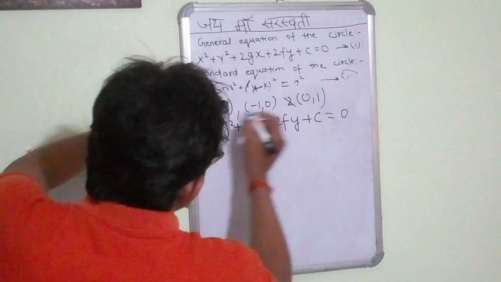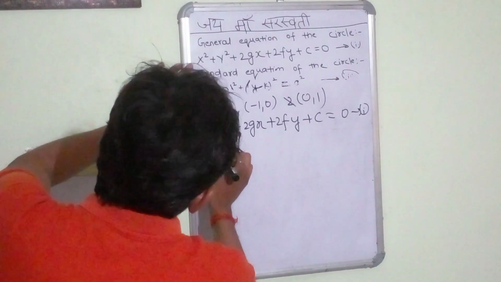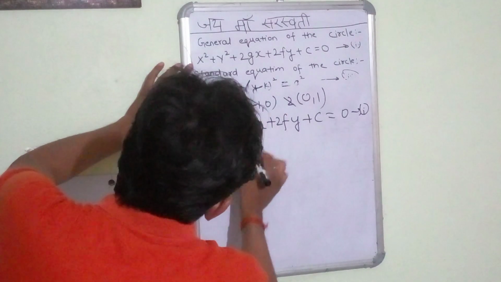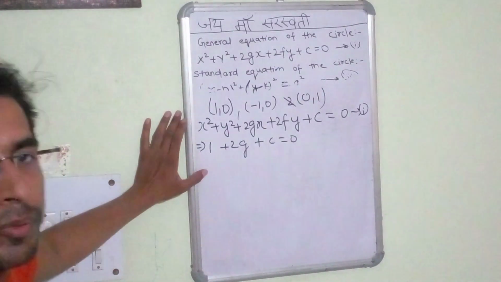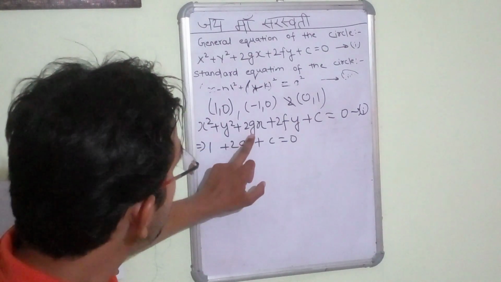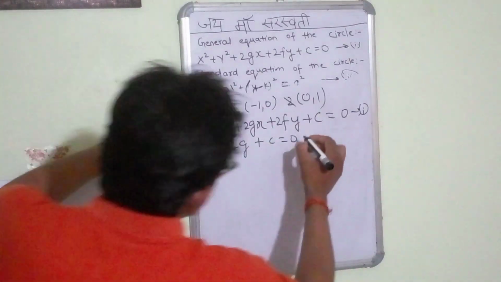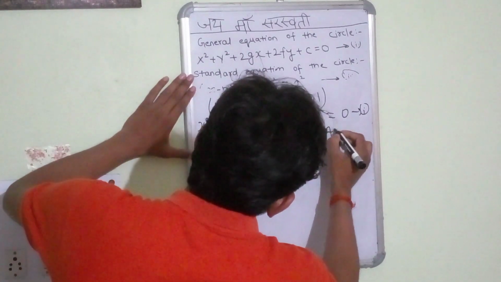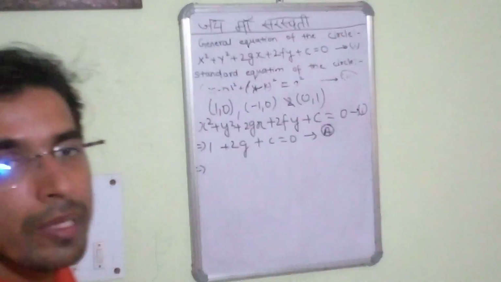So first and foremost, we will be taking equation number 1. We will be substituting the value of x. Post substitution, 1 plus 0 plus 2g plus 0 plus c is equal to 0, so it will be 1 plus 2g plus c is equal to 0. This is the first equation we had got, and we will call it A. Now in the second equation we are having minus 1.